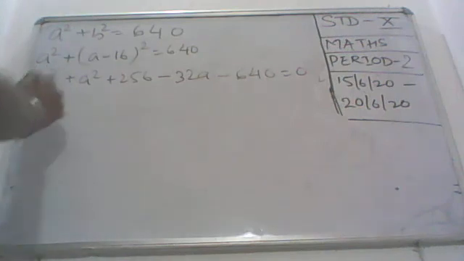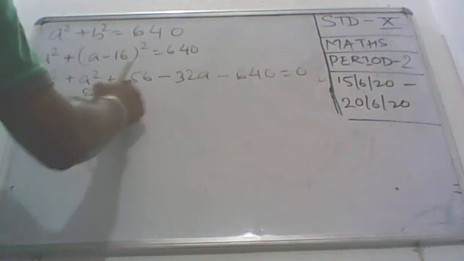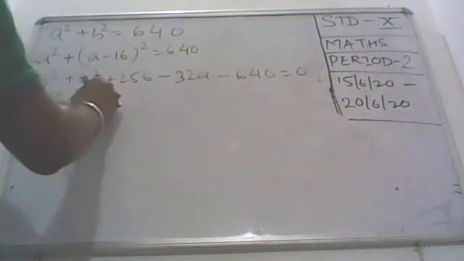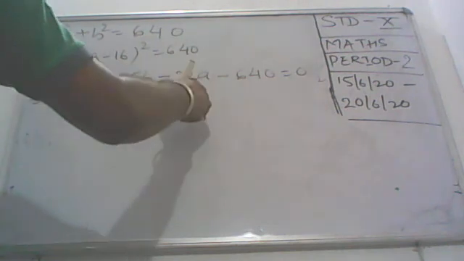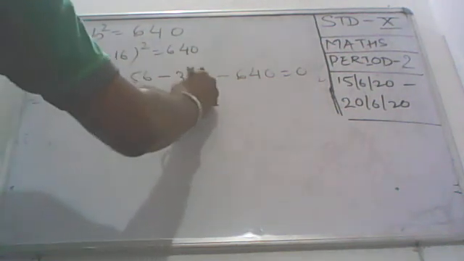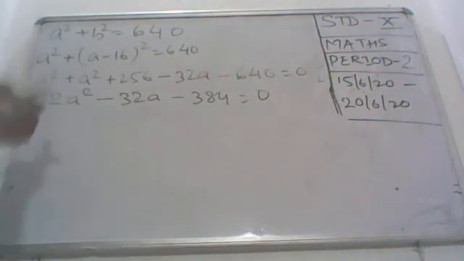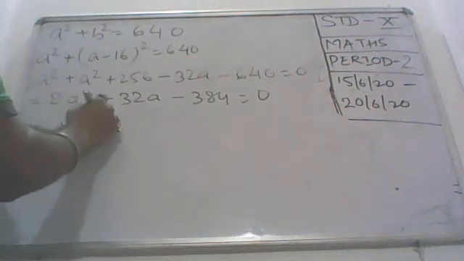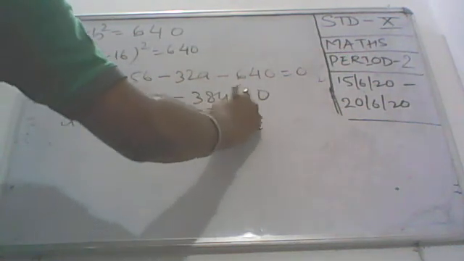Now it is becoming 2a square minus 32a plus 256 minus 640, that means minus 384 is equal to 0. 2 is common here, so we can write a square minus 16a minus 192 is equal to 0.